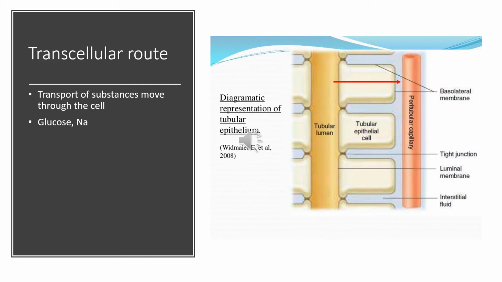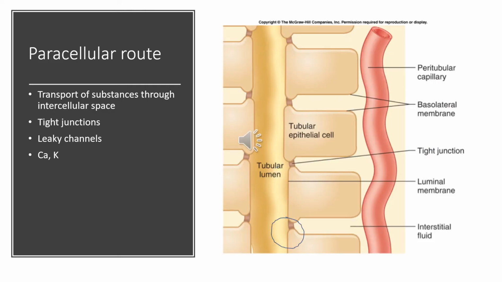From the tubular lumen, the substances enter the epithelial cell through the apical surface and exit through the basolateral surface, and thus enter the interstitial fluid. From the fluid, it enters the capillary. Transport of sodium, glucose, etc. occurs through this transcellular route.